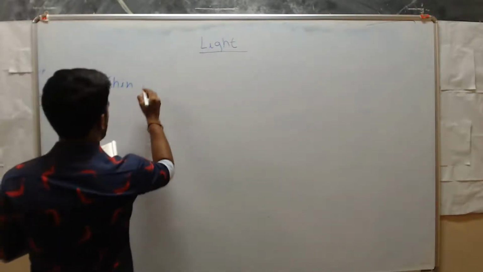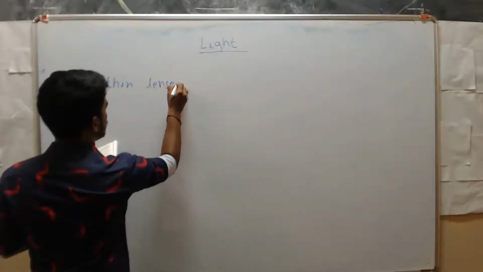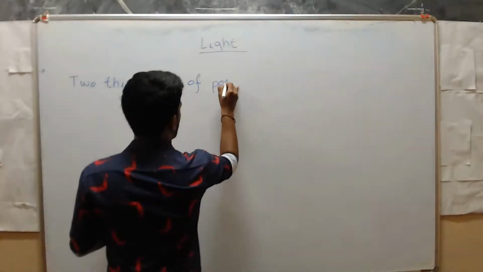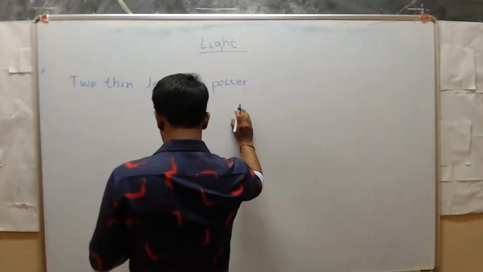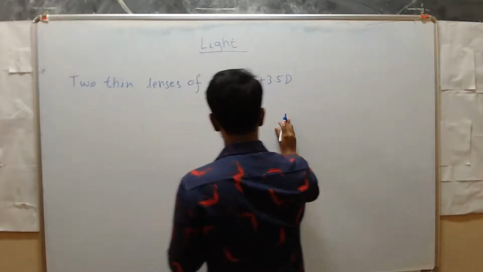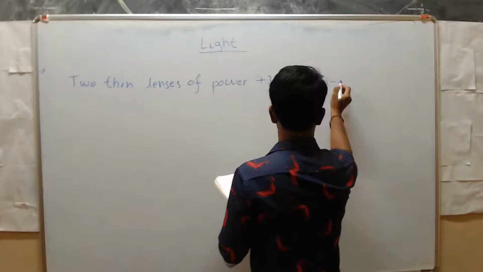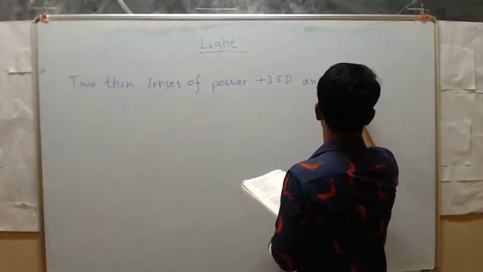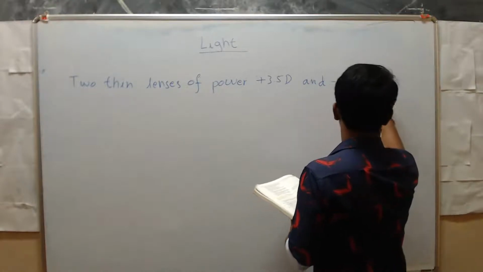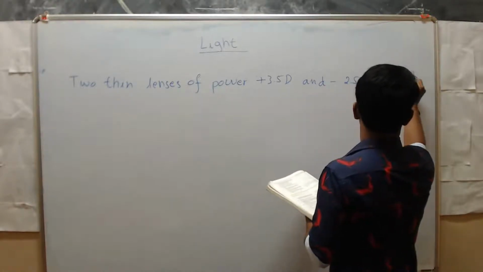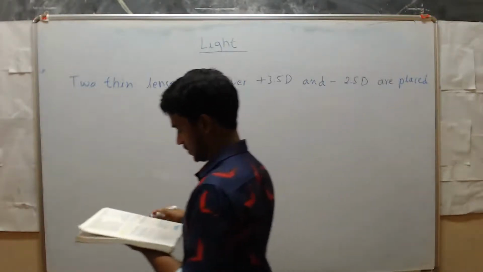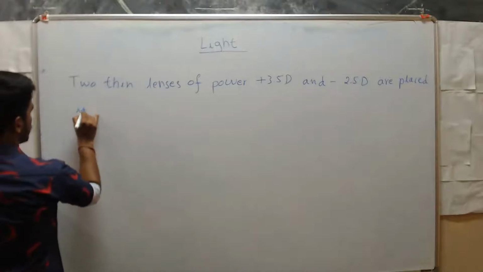Next one. Two thin lenses of power plus 3.5D and minus 2.5D are placed in contact.